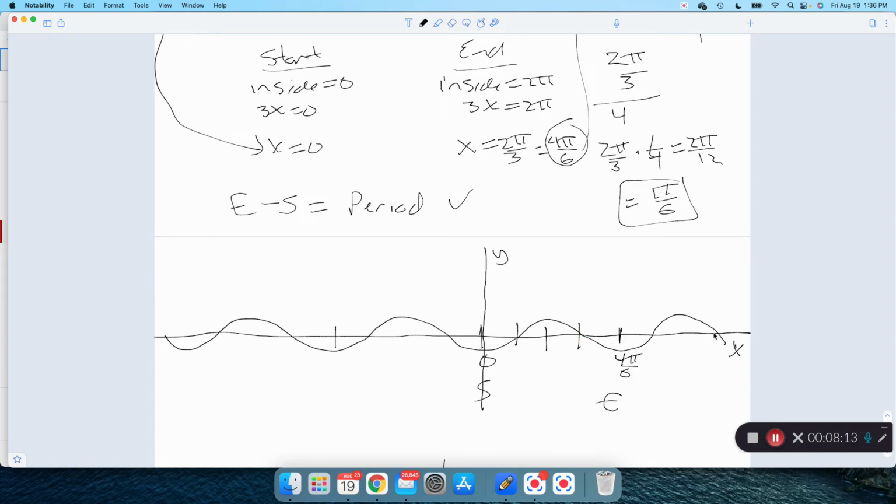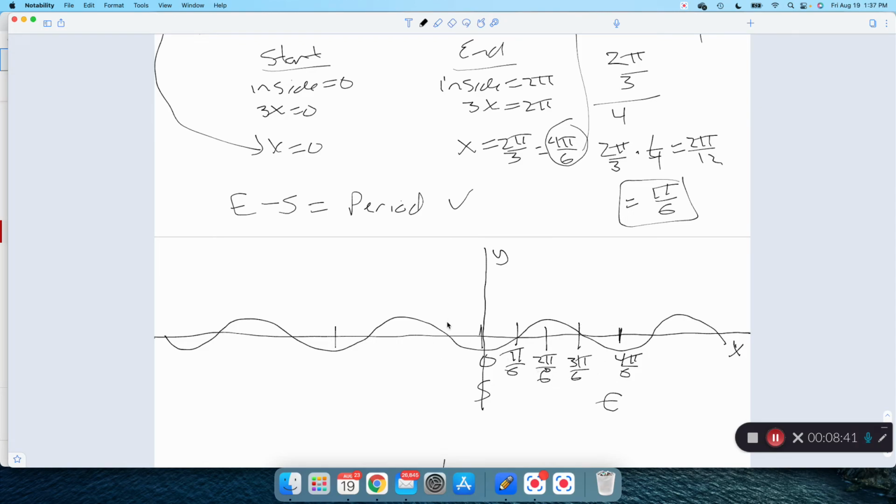And then this guy is part of the next group of 4. And I'm counting by this. I'm at 0, 1 pi over 6, 2 over 6, 3 over 6. Oh, look at that, 4 pi over 6. It matched up perfectly. If it didn't, if I had messed up somewhere, that might be the wrong number. Maybe that would be 7 over 6. And I would look and go, oh, I've goofed.